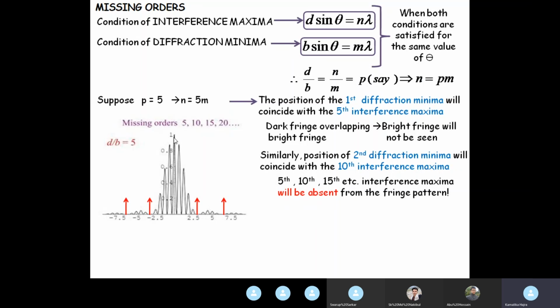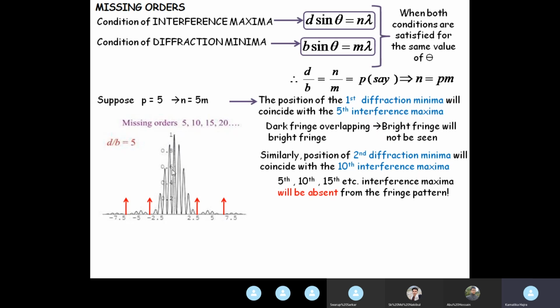So if you count, these are the interference fringes, bright fringes. The peaks mean the bright fringes. So this is the interference maxima. So 1, 2, 3, 4, 5th bright fringe is absent. Okay. Again 5, 6, 7, 8, 9, 10th fringe is absent.